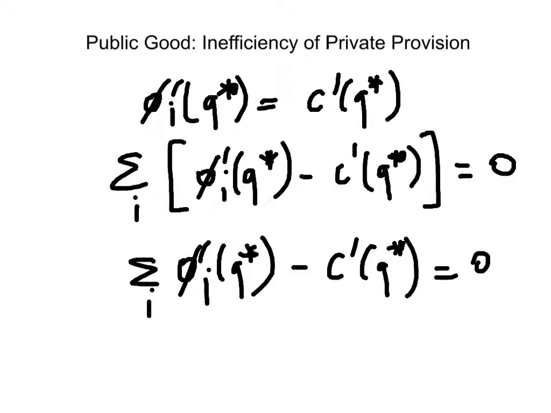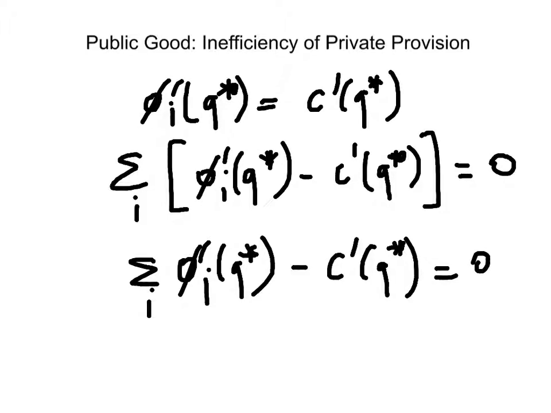So these are not the same. These two conditions are only equivalent when there is only one consumer in the economy, and otherwise we see that the private provision of public good here will not yield an optimal provision of the public good.